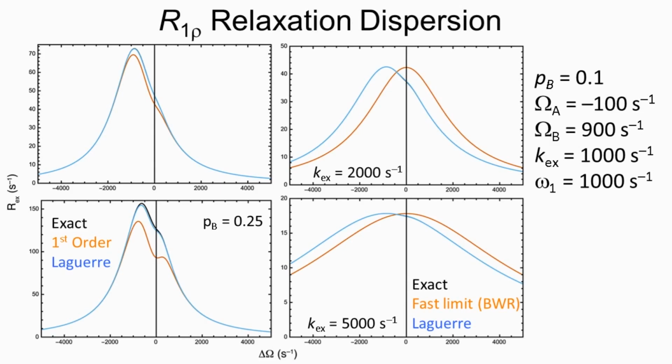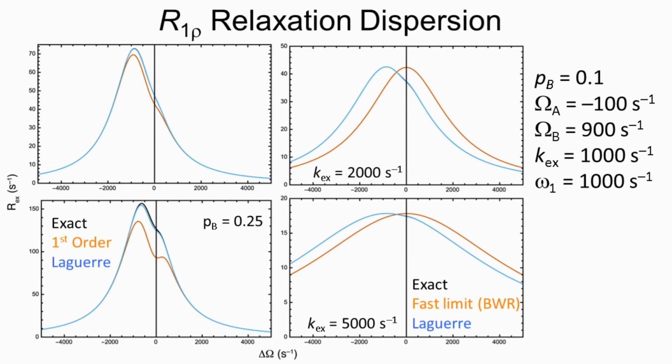The exact calculation, or our approximation, shows a peak that's non-zero. That peak is at the frequency of the minor state. This is why the experiment is useful. We see that there's a minor state population that's shifted relative to the average peak frequency.